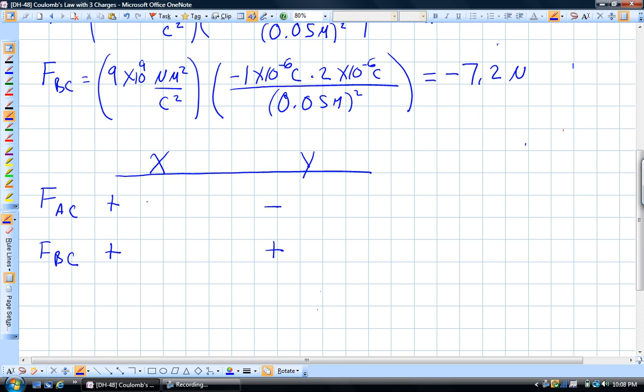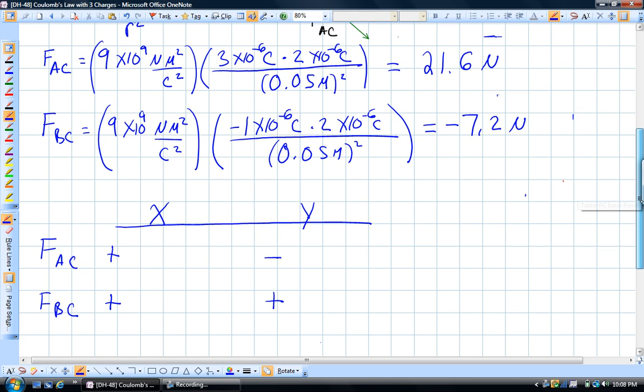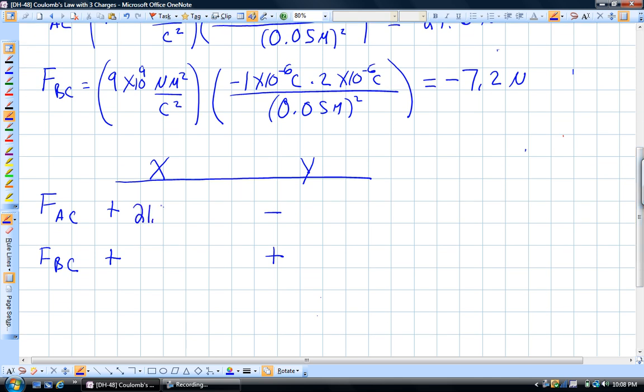Remember, if we're going to get the x component, that's the magnitude. In the case of AC, that was 21.6 newtons times the cosine of 53.1 degrees. And the y is going to be 21.6 times the sine of 53.1 degrees. And B is going to be similar.